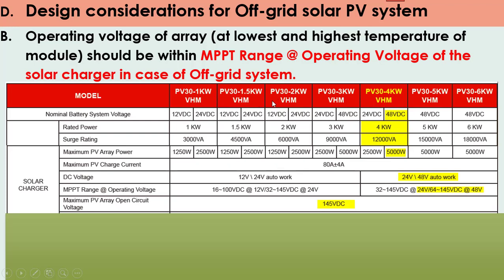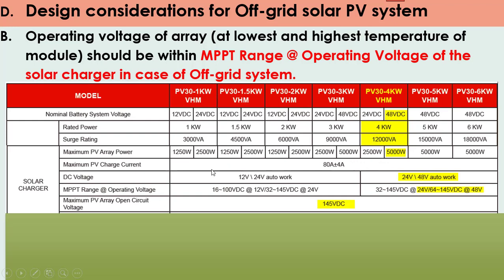In my design I already chose the PV 3400 VHM model that operates on 48 volt DC, 4 kilowatt rated power, and the surge rating for this model is 12,000 volt ampere.